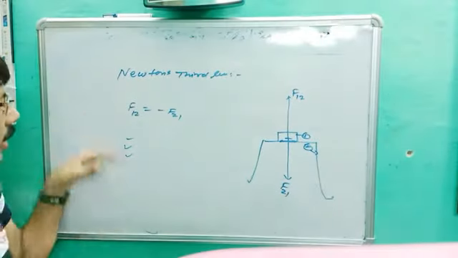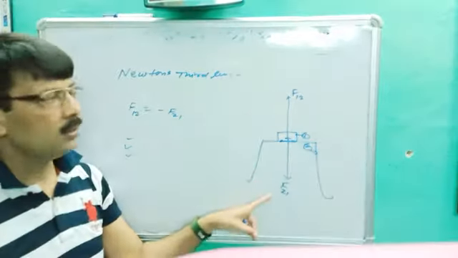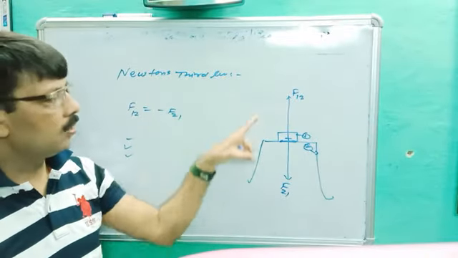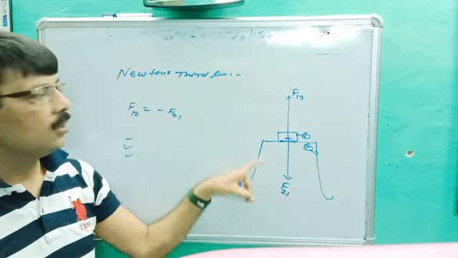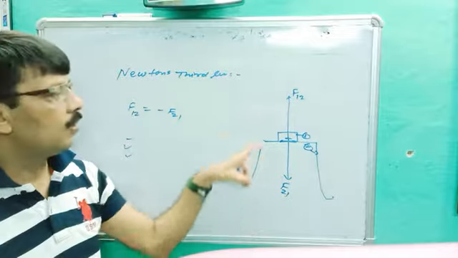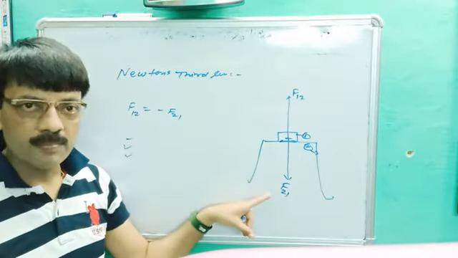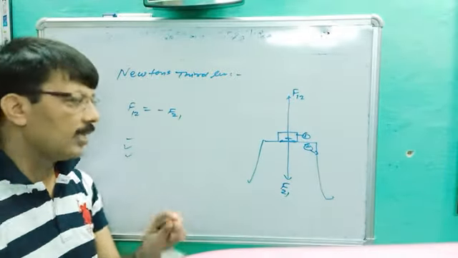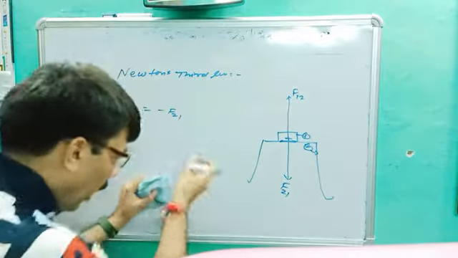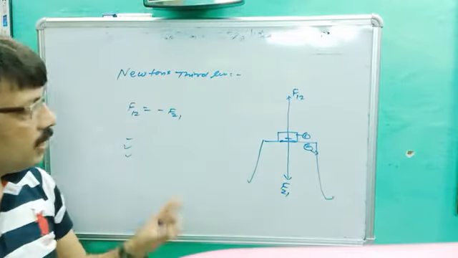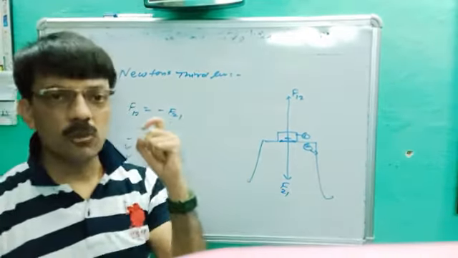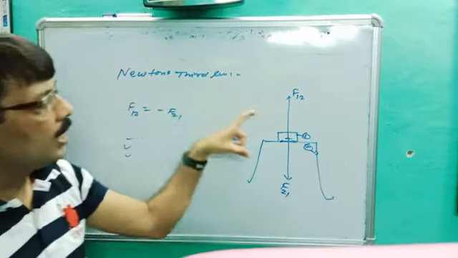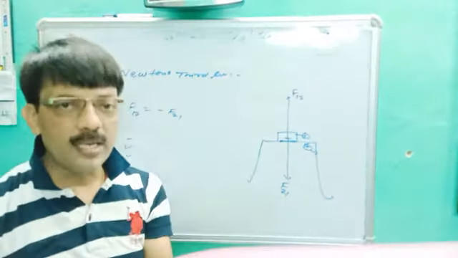So the properties are: their directions are opposite, they are equal in amount, they are on different surfaces, they are in pairs, and they work at the same time. When there is action, at the same time there is reaction. Let's suppose I am doing this action, I am getting reaction, but they don't cancel each other because they act on different bodies.